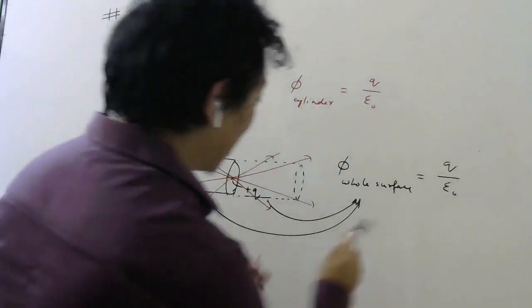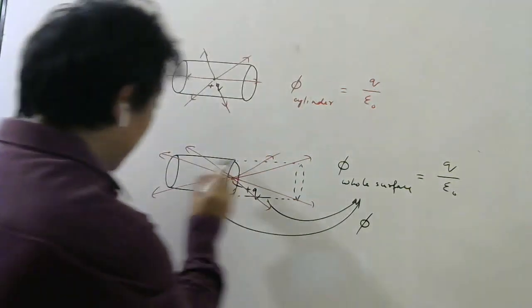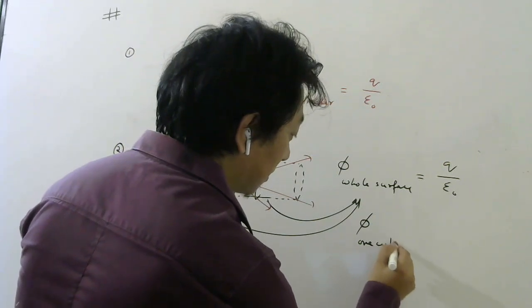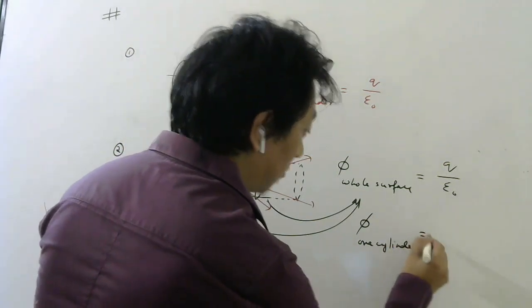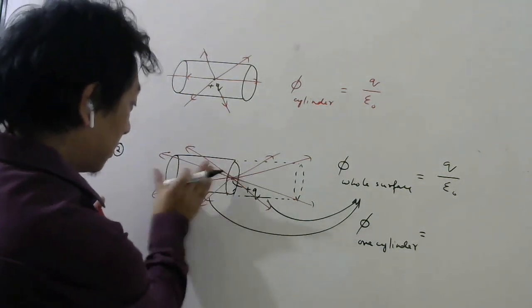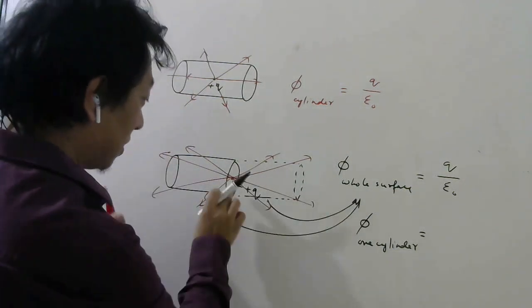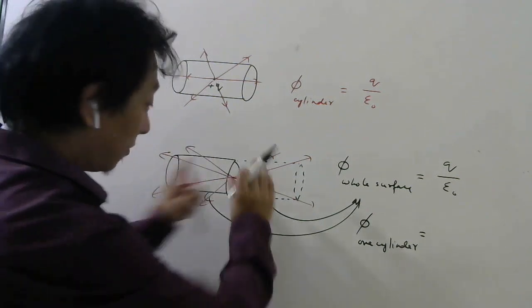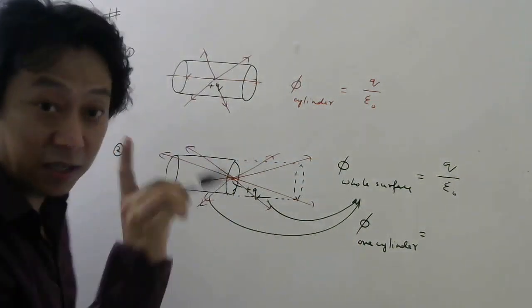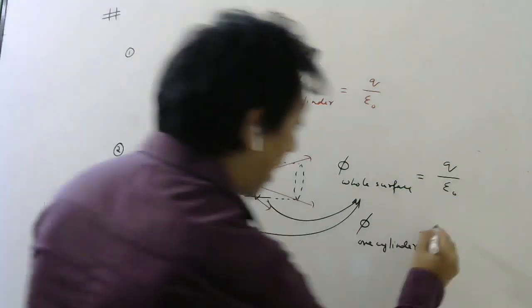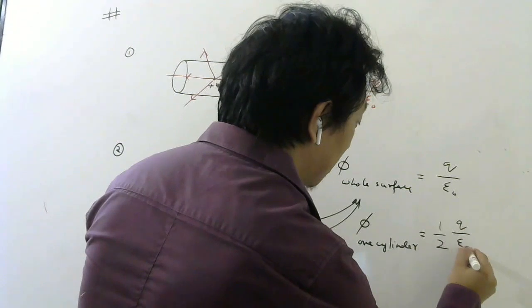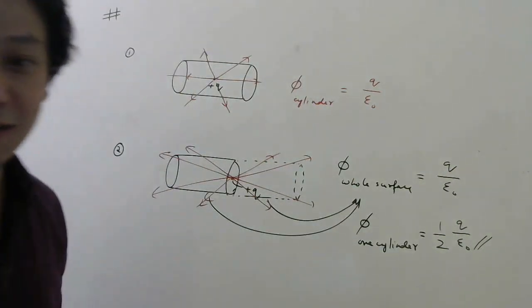So the question was to find flux through only this cylinder, only one cylinder. So this is flux through two cylinders. And since the flux through this and this should be equal because the charge is in the middle of these two cylinders, I can write the flux through this cylinder, which was the original question, that will be half of this flux, which is Q by epsilon naught. So easily we got the answer.